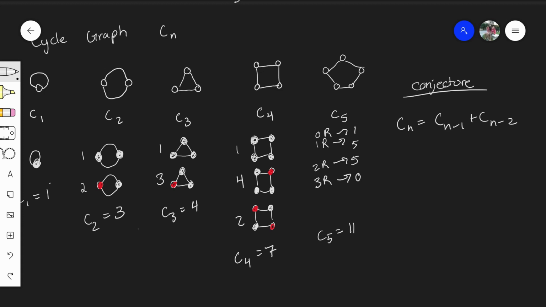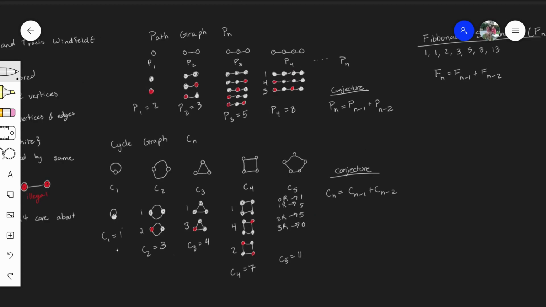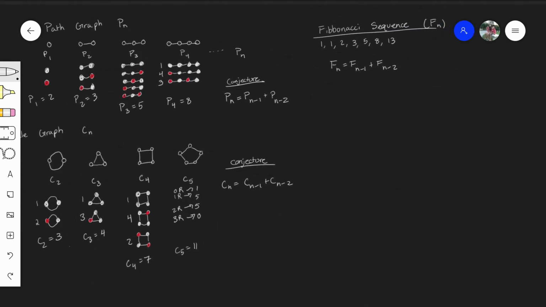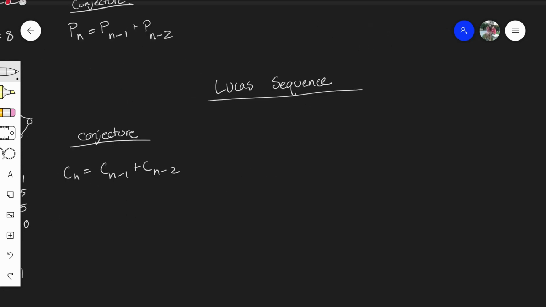But clearly this is not the same thing as the Fibonacci sequence, because we started with 1, 3. Now this is the Lucas sequence. The Lucas sequence is very similar to the Fibonacci sequence. We represent each term in the sequence by L sub n, but the difference is that we begin with 1 and 3.